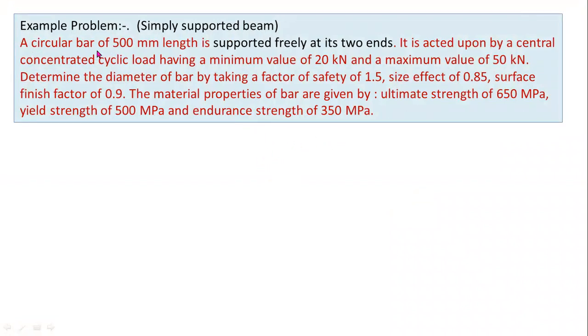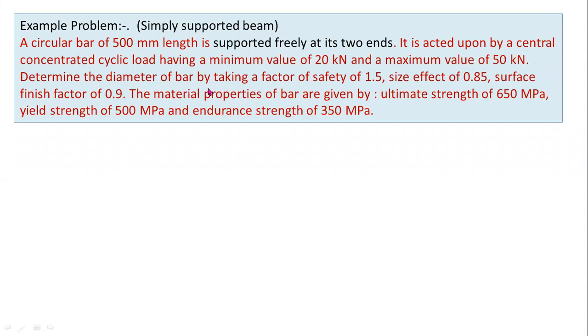A circular bar of 500 mm length is supported freely at its two ends. It is acted upon by a central concentrated cyclic load having a minimum value of 20 kilonewtons and a maximum value of 50 kilonewtons.